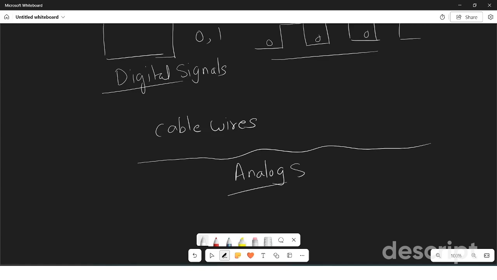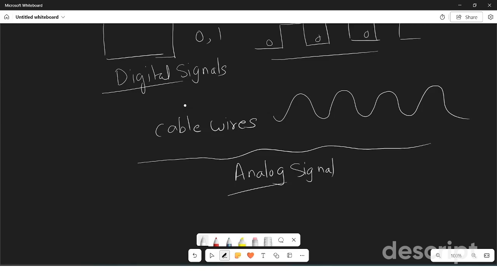Analog signals are in the form of a wave like this. This is how the analog signal looks like, so there is a difference between a digital signal and an analog signal. The data gets carried through the wires, through the telephone network, in the form of analog signal.